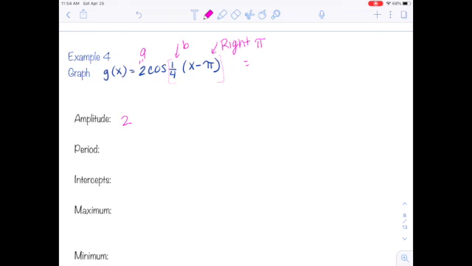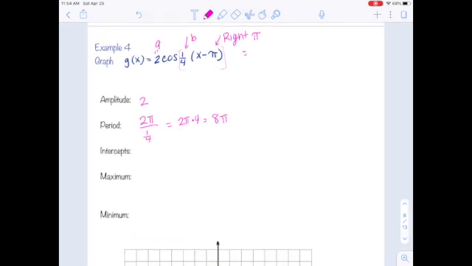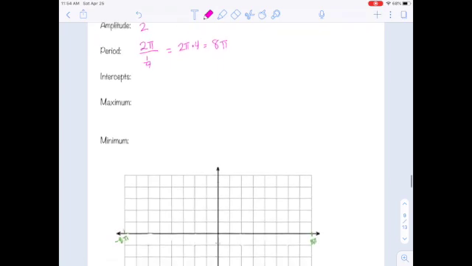All right, so amplitude is 2, period, 2 pi divided by 1/4 is really just 2 pi times 4, which is 8 pi. So this is actually a horizontal stretch, okay? Your period got stretched out to 8 pi. And we'll deal with our intercepts and our max and min after we get our graph.